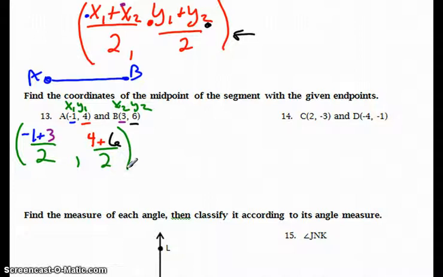You're wondering why, because you're looking for the midpoint. So the middle is half of something, so that's why you're going to divide by 2.